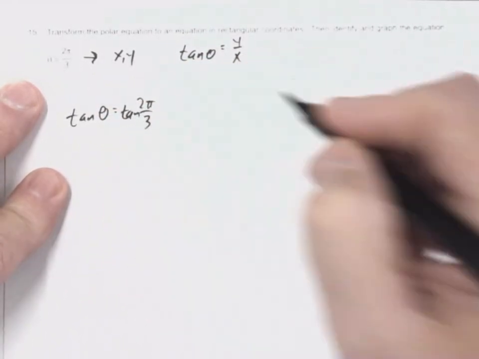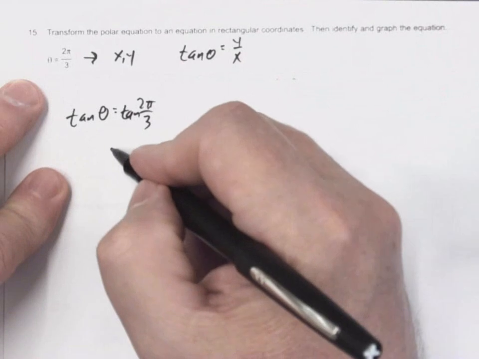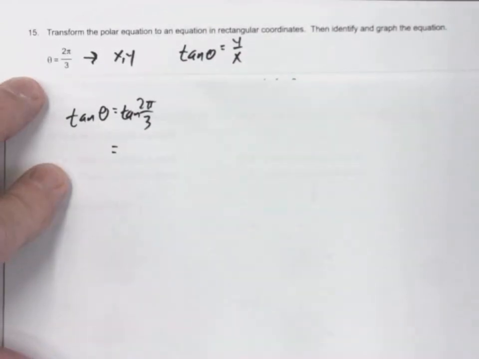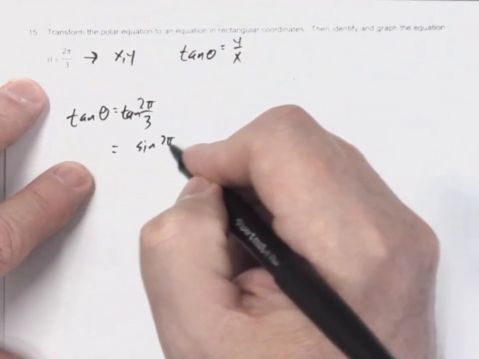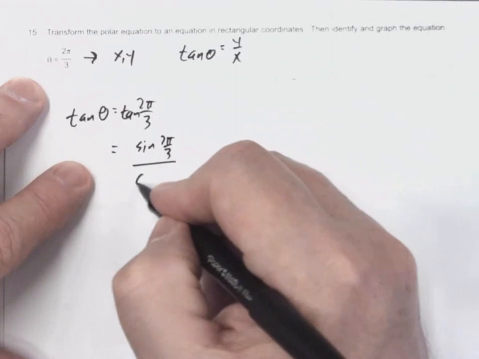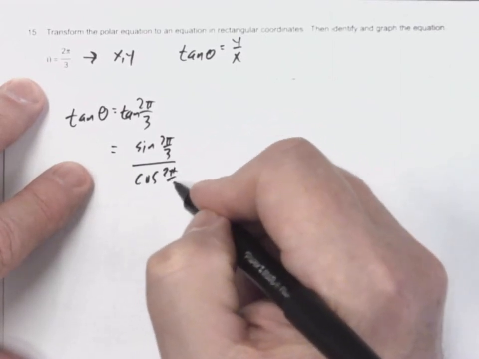Now the tangent of 2 pi over 3, we can go to the unit circle and say, what's sine of 2 pi over 3 over cosine of 2 pi over 3?